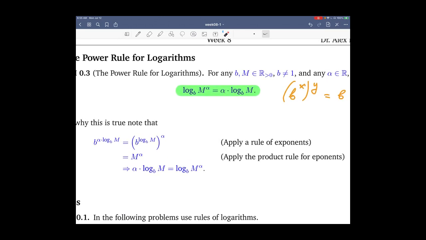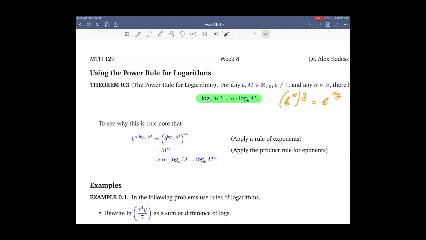Now, why is this the case? Well, the easiest way to see that this is true is to actually check that when I raise b to the power alpha times log capital M base b, I actually get log M to the power alpha base b.